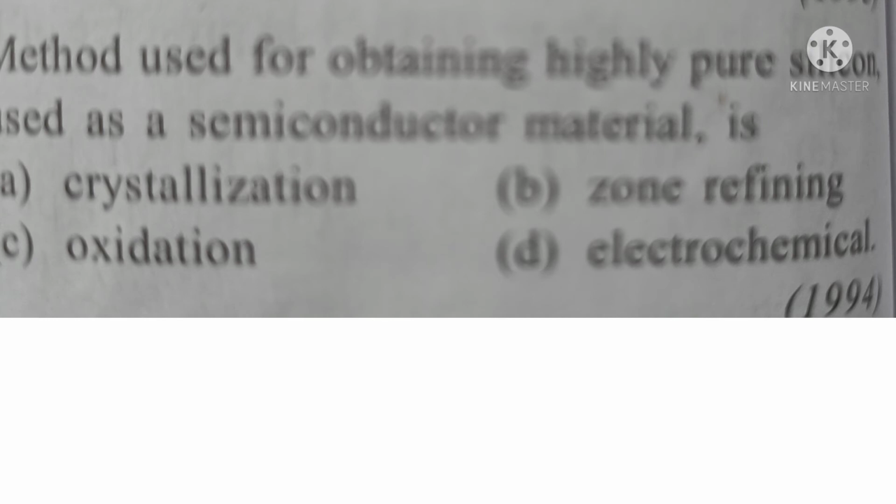The method used for obtaining highly purified silicon used as a semiconductor material is zone refining. Silicon is obtained by reduction of silicon tetrachloride with hydrogen, but zone refining purifies it to such an extent that it can be used as a semiconductor.